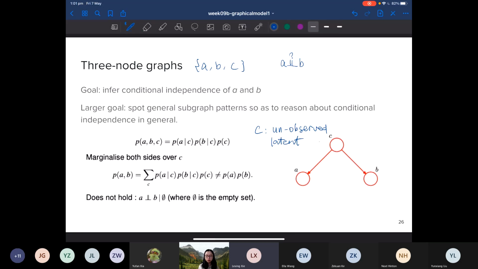If they are independent, then it should factor into P of A times P of B, right? Because of this expression here, we know that in general, they are not independent given nothing, right?